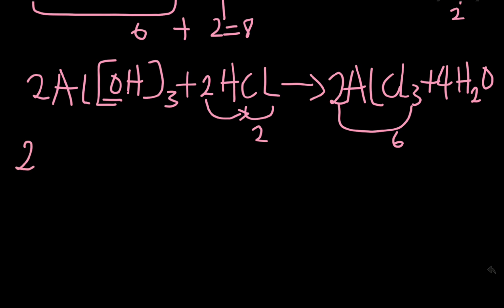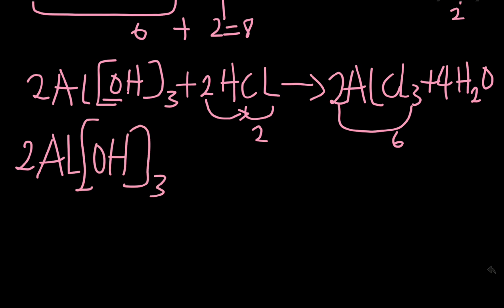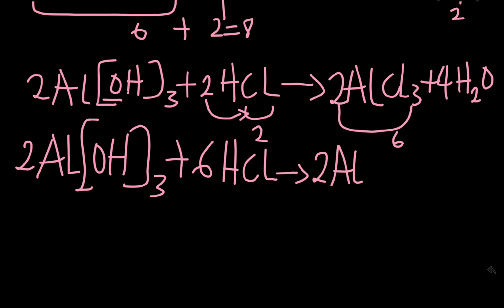So I will say 2Al(OH)3 plus 6HCl, which would give us 2AlCl3 plus, I'm going to raise the hydrogen here also, 6H2O.